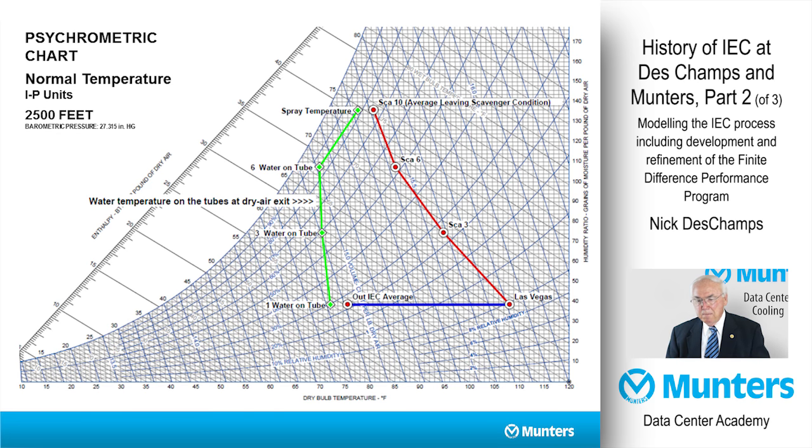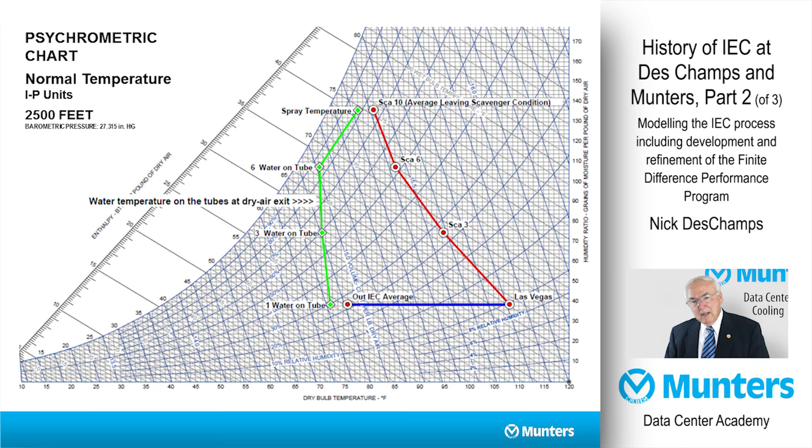And the green line is the water temperature as it flows down the exit side of the heat exchanger. Now here you see that the water temperature is below either airstream temperature. So it's the water temperature flowing over the tubes that actually cools the dry airstream. And that's sort of amazing that the water is below either airstream temperature, but that's due to evaporative cooling.